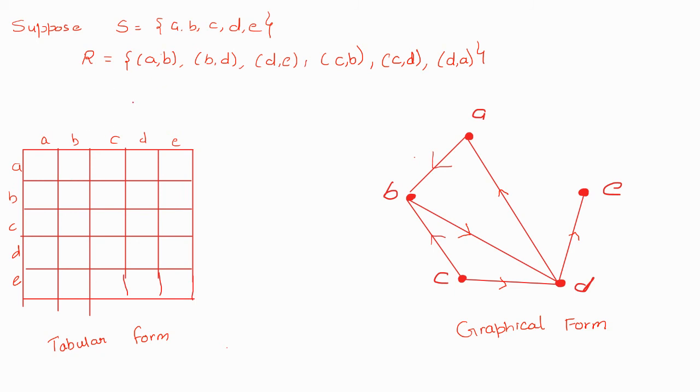So AB will come here, BD will come here, DE will come here, CB will come here, CD will come here, and DA will come here. Okay.